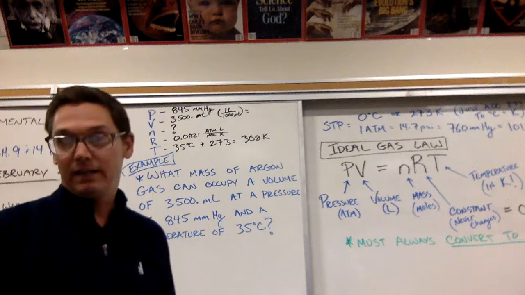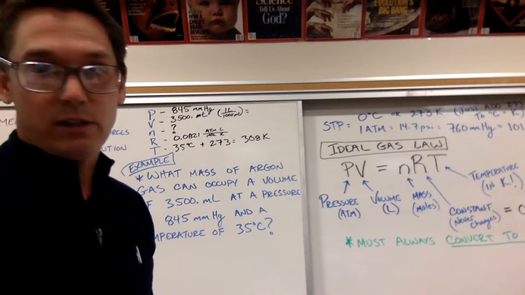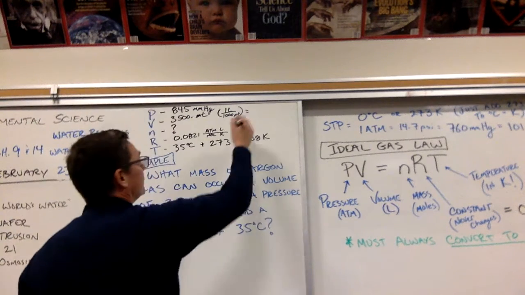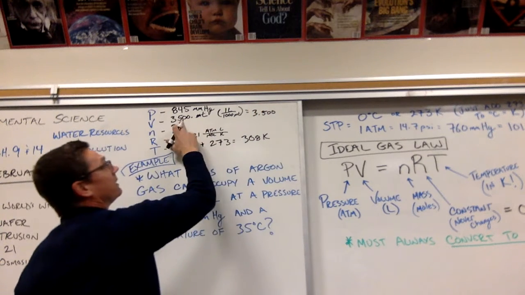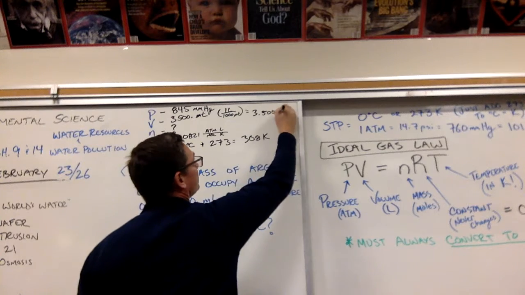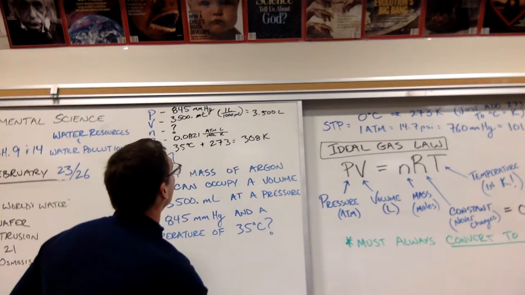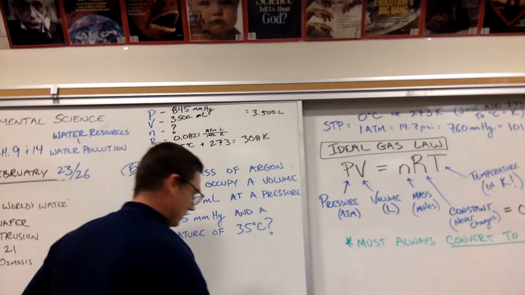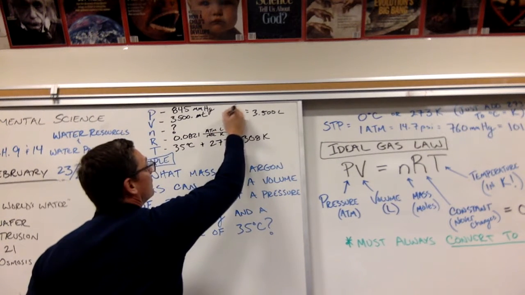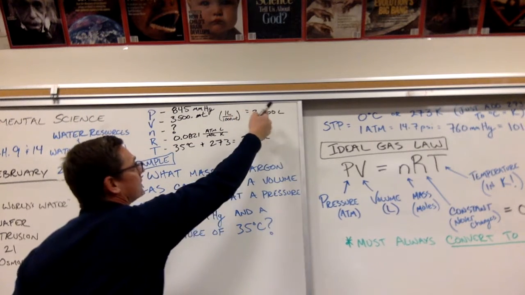We can divide, and of course, this will give us 3.500 significant figures, right? Liters. 1 liter over 1,000 milliliters is how we got to this, okay?